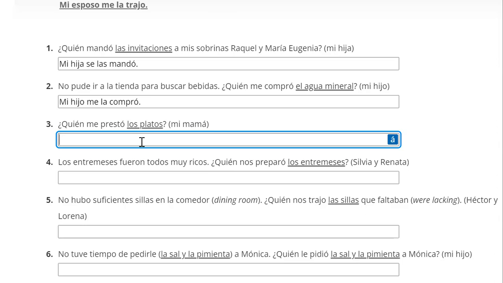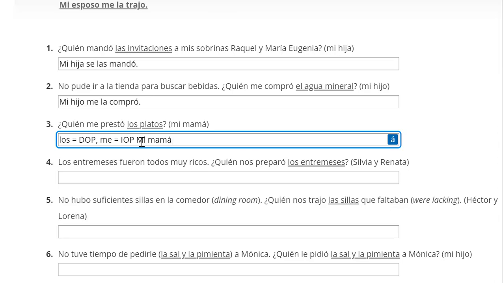So that's our direct object. So we can replace los platos with los, our direct object pronoun. And then to whom were they lent? We would say me. And that would be our indirect object pronoun. So now we've got a los and me. And we're going to say mi mamá.